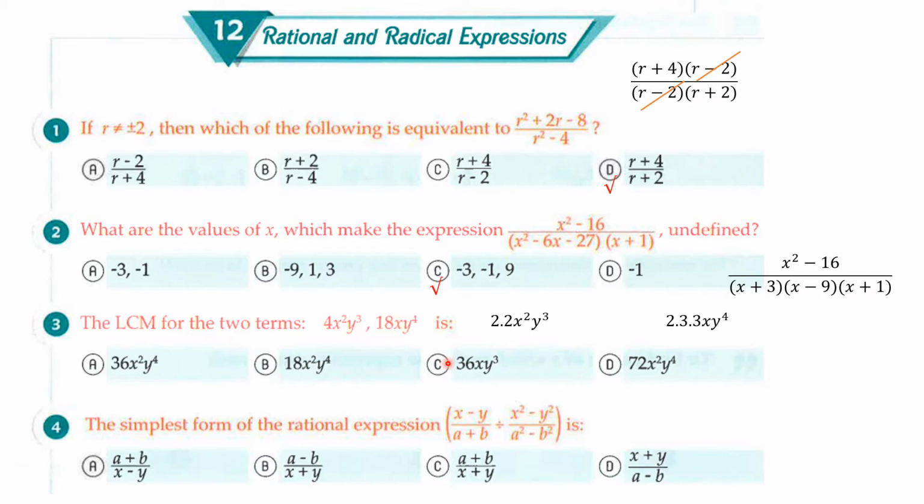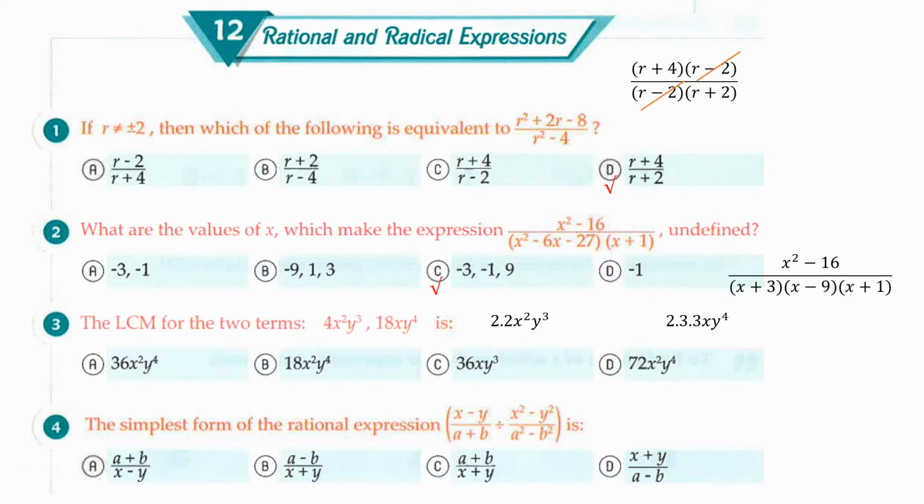Okay, the prime factors of 4 are 2 times 2, x squared, y cubed, and 18 is 2 times 3 times 3, x, y to the power of 4. I'm going to take from the x, x squared, because this is the greatest number of times it appeared, and from the y, y to the 4. For every other number, I will take the greatest number of times it appeared.